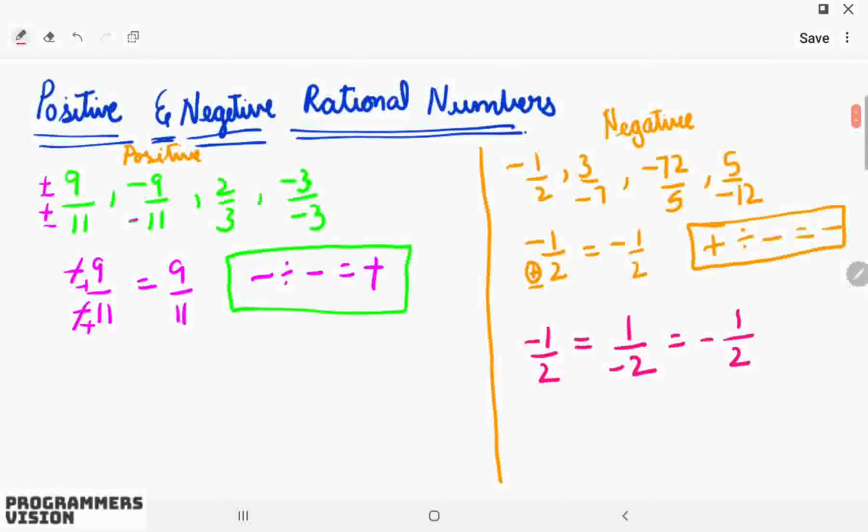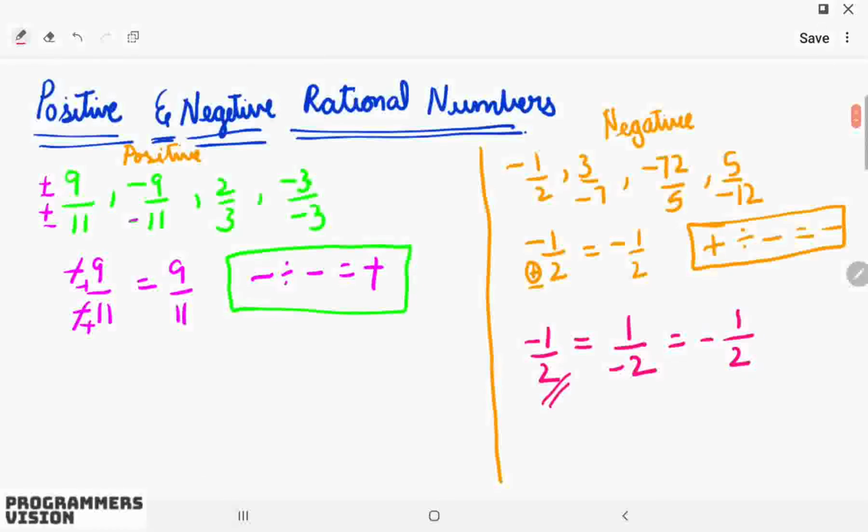Normally, minus 1 by 2 is equal to 1 by minus 2, which is equal to minus 1 by 2. We can write minus 1 by 2 in all these three ways, but it's good if you write it in this method. Usually, we write the negative sign in the numerator. Logically, they all are equal, but normally we represent a negative rational number with a negative numerator. Thus, in the above given rational numbers, minus 1 by 2 is normally used.